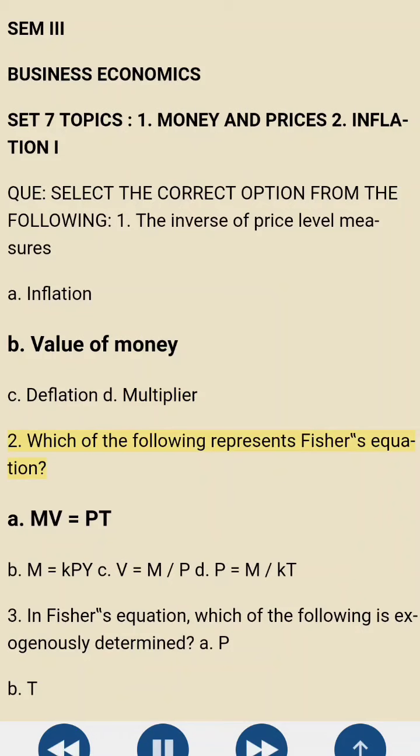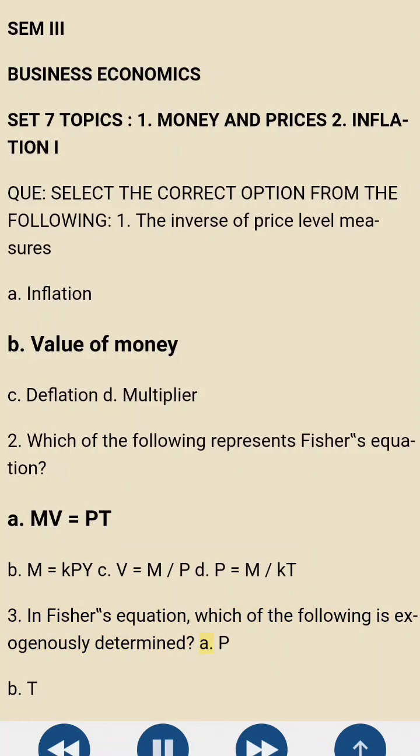2. Which of the following represents Fisher's equation? A. MV equals PT. B. M equals KPY. C. V equals MPD. D. P equals MKT. 3. In Fisher's equation, which of the following is exogenously determined?